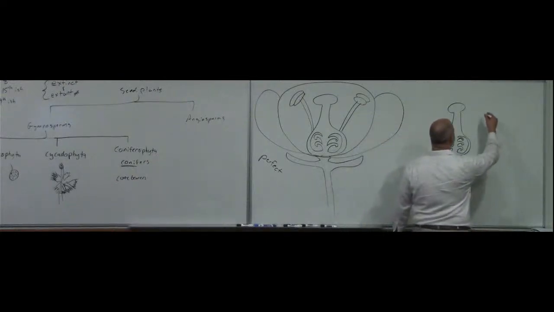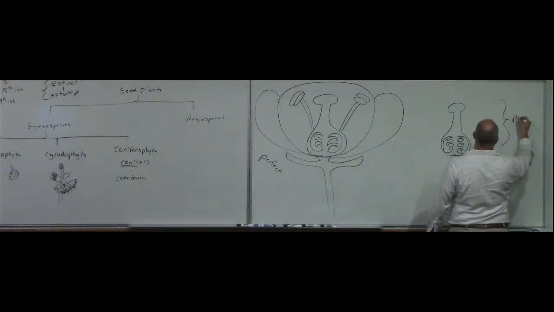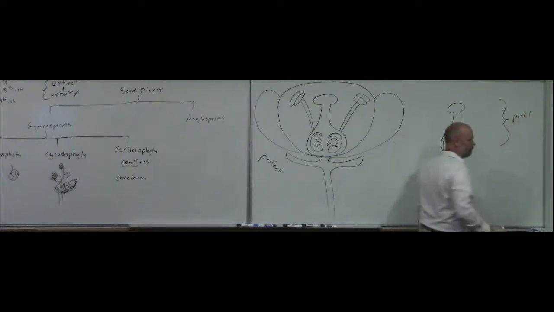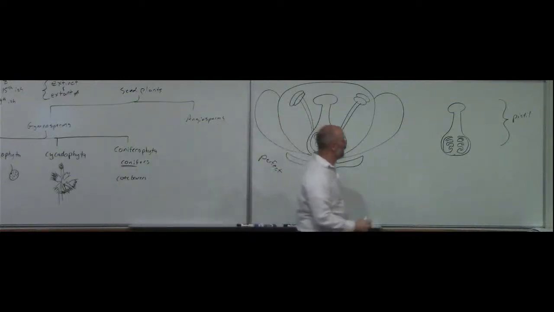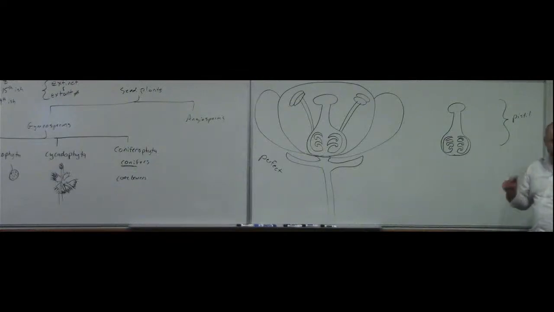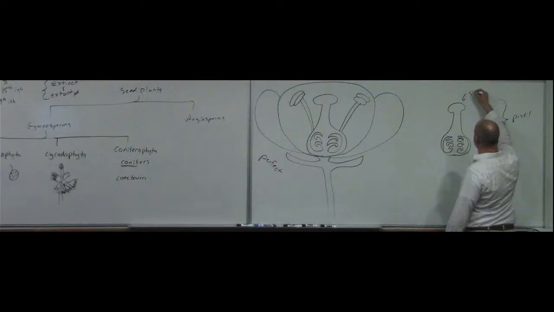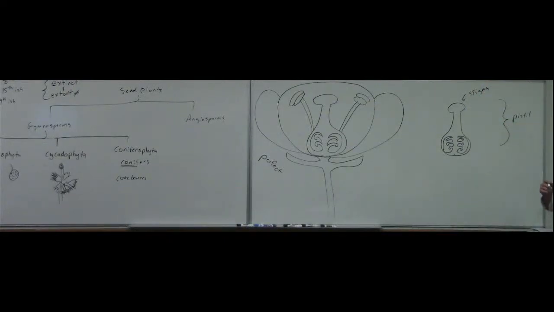This whole thing is called a pistil, okay? There are three parts of the pistil you must know, and they go in this order: stigma, style, ovary. Stigma, right here, is literally sticky.